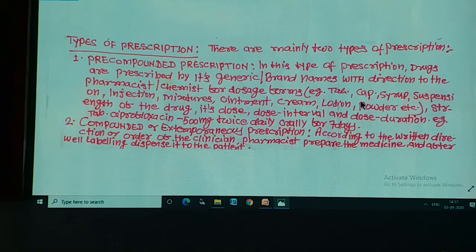Types of prescription: there are mainly two types. First is pre-compounded prescription.